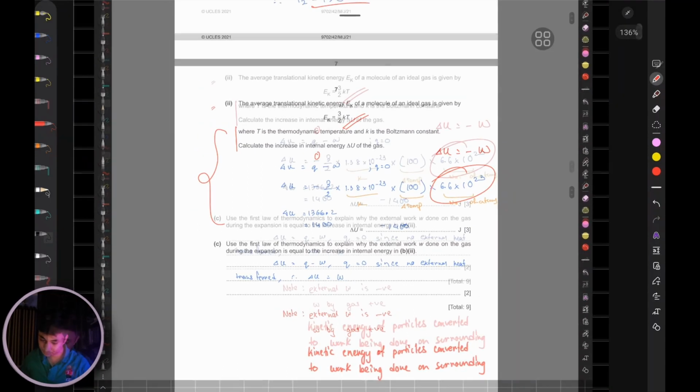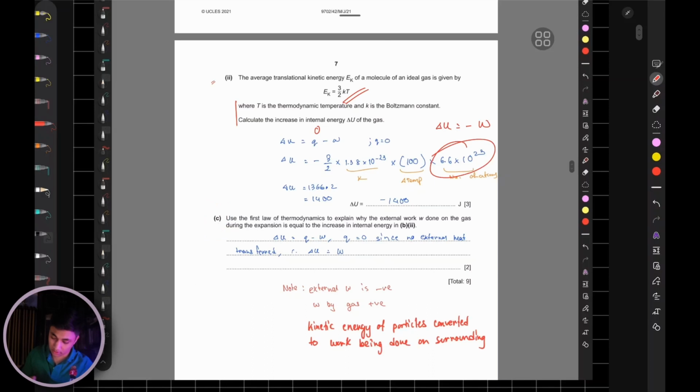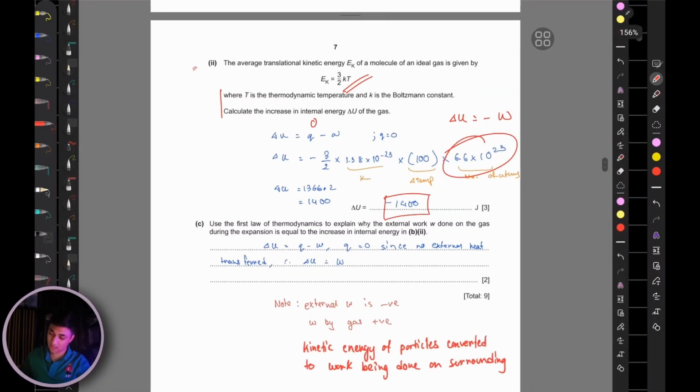Fair enough. Now for part C, they're saying use the first law of thermodynamics to explain why the external work W done on the gas during expansion is equal to the increase in internal energy in B2. So your increase in internal energy is minus 1400, right?